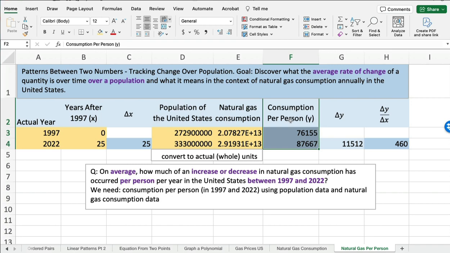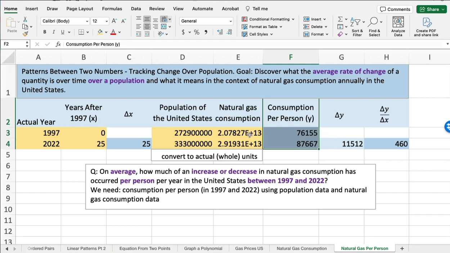So that's going to be in column F over here, and those are our y values. So it's always a good idea to just identify what is your delta x and what is your delta y. So time is going to be our delta x, and our delta y is going to be consumption per person.